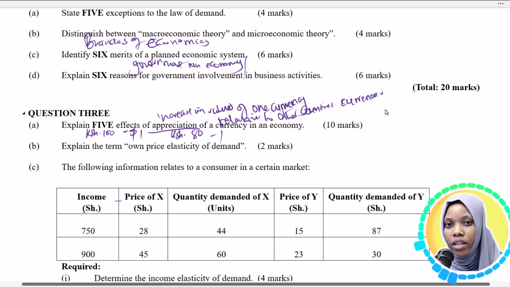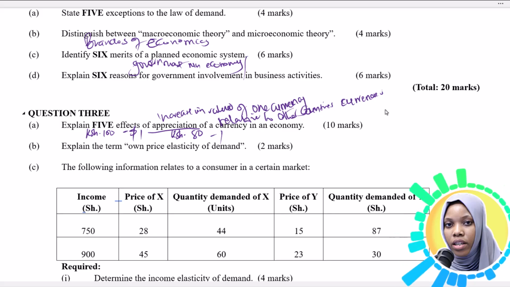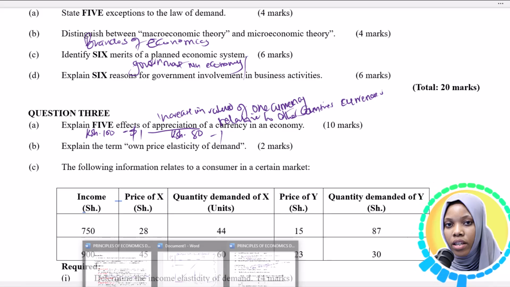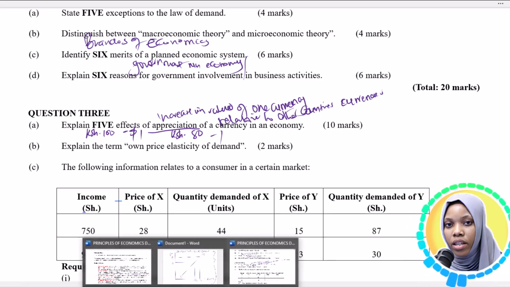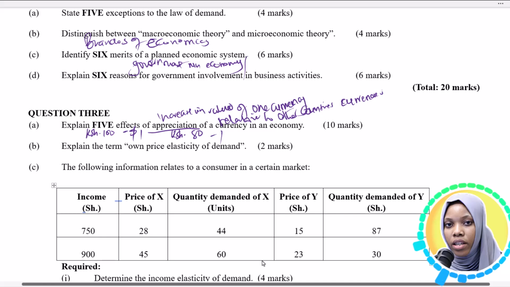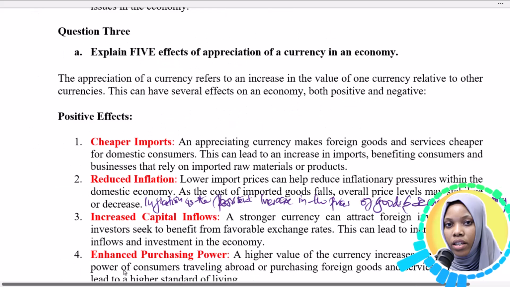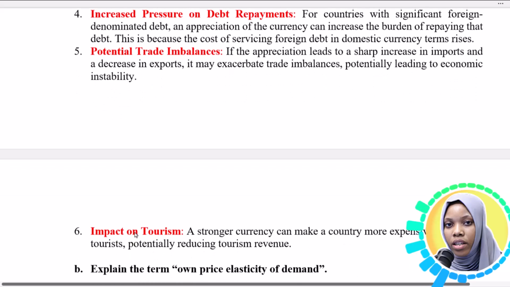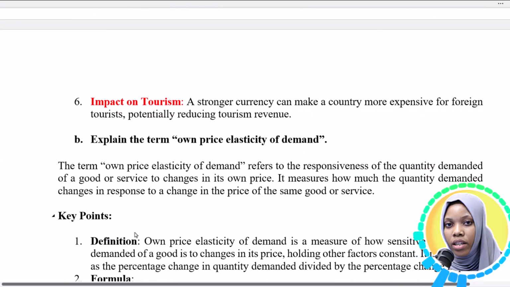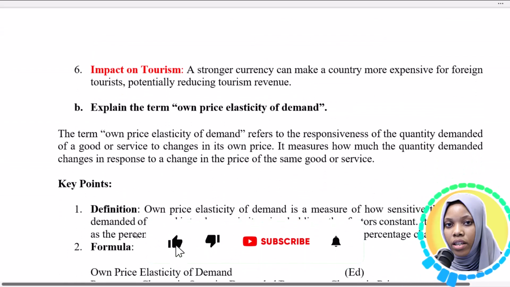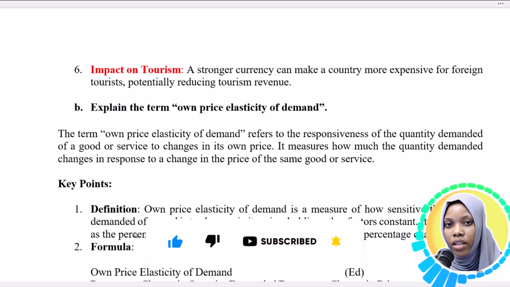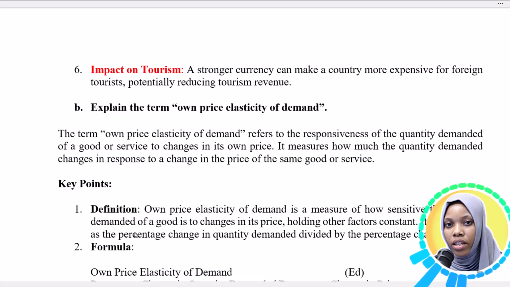So we go to part B. It reads, explain the term price elasticity of demand. We say the price elasticity of demand is a measure of how sensitive the quantity demanded of a good is to changes in its price.